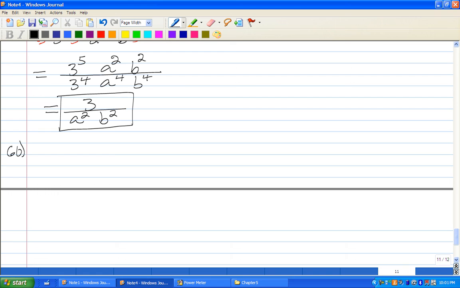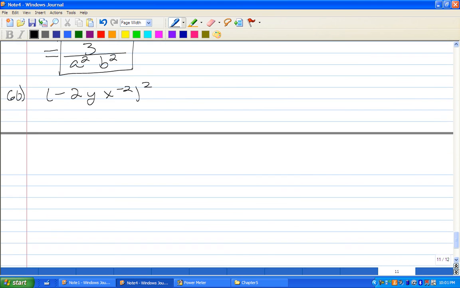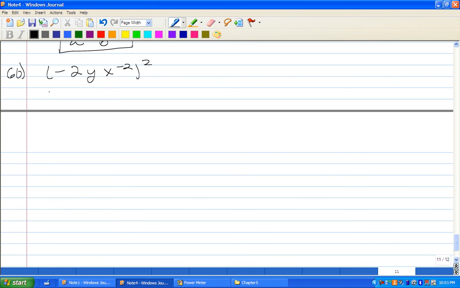And so I have here negative 2y, x to the negative 2, quantity squared. So first let me simplify this. And so this is the same as negative 2 squared, y squared, x to the negative 2 squared.